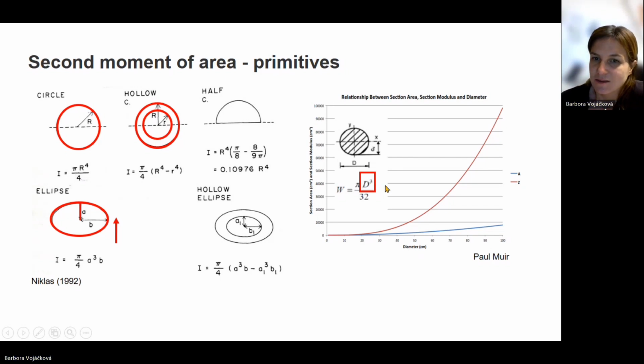So I assume that you all saw this formula for the circle section modulus.